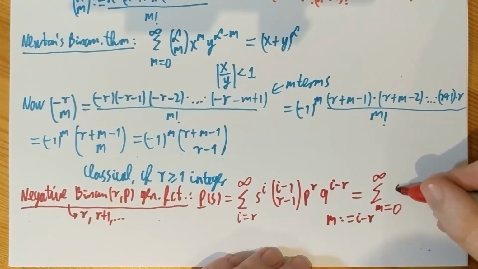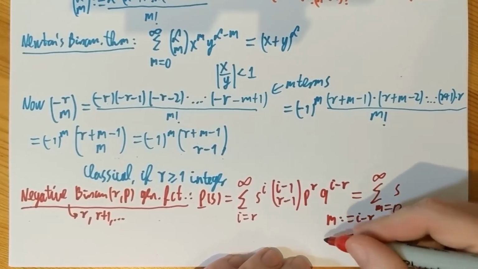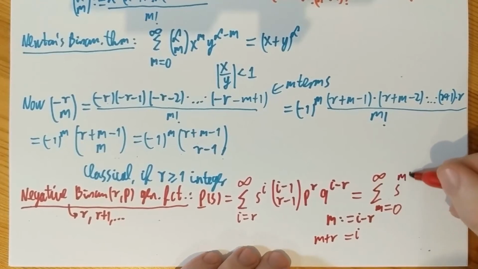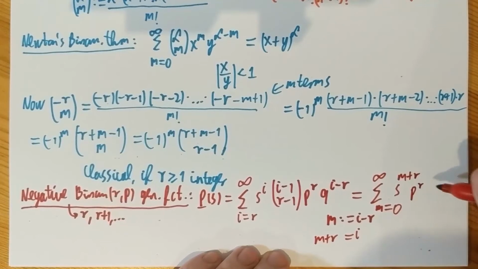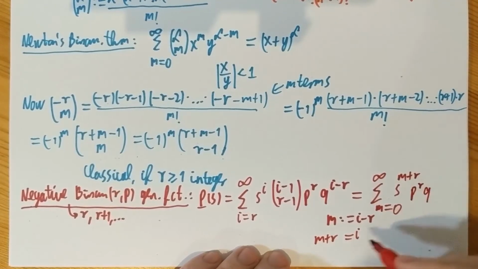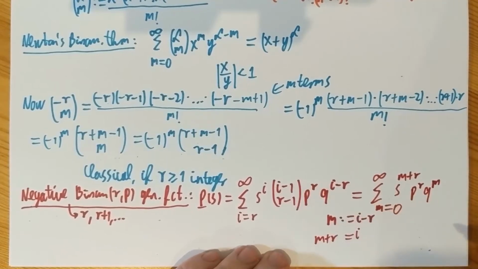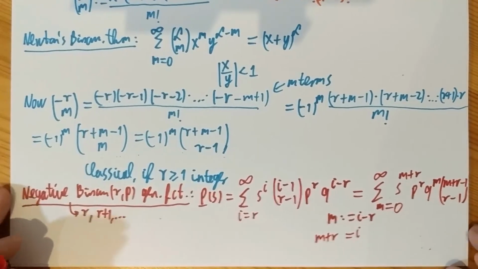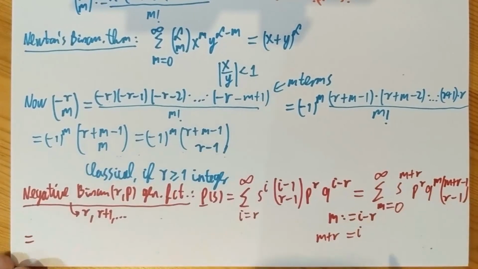Then I have s to the i, which is s to the m plus r, and then I have p to the r, that stays, q to the i minus r, which is just m. And then I have i minus 1, which is m plus r minus 1, choose r minus 1. Okay, that's what the substitution gives me.